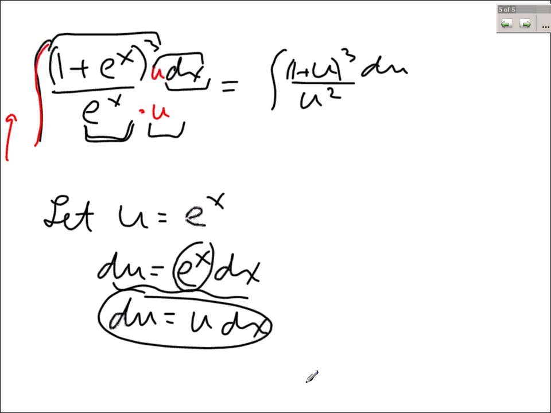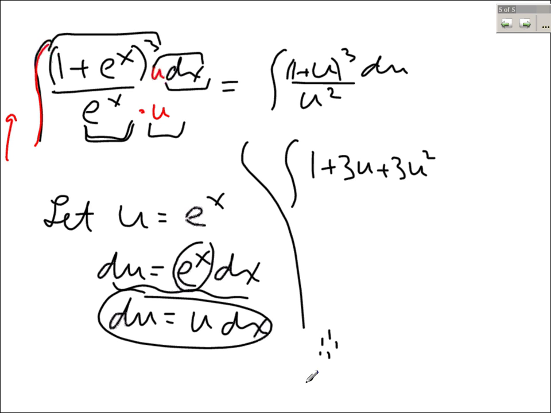Now, I guess I'll solve this integral by cubing the 1 plus u. And I'll get 1 plus 3u plus 3u squared plus u cubed. That's 1 plus u all cubed divided by u squared. And all of this gets multiplied by du. And now I'm just going to do the division.